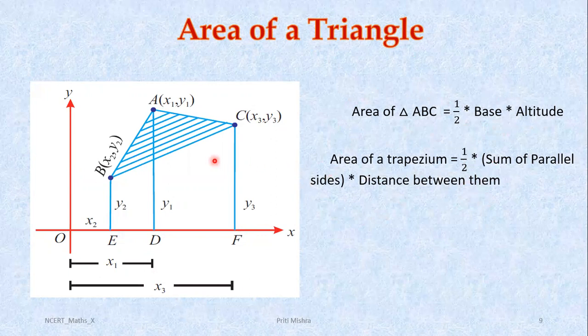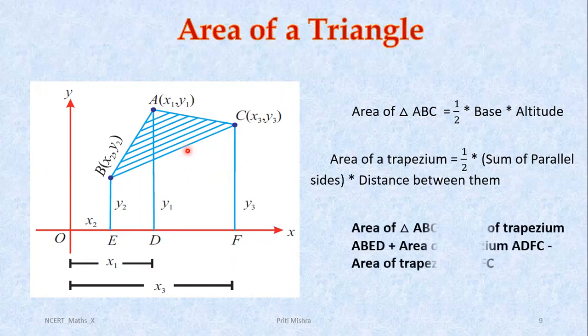As we have to find the area of triangle ABC in terms of coordinate geometry, means in terms of the coordinates of these vertices, what we will do here, see, ABED is a trapezium we have here, and ADFC is also a trapezium.